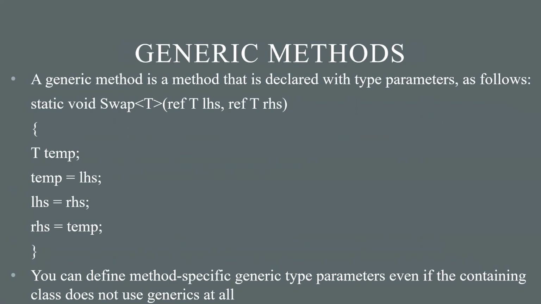And then it's doing nothing but just swapping the two values. So we can define method-specific generic type parameters even if the containing class does not use generics at all. So the class which has this generic method need not be generic, but a method inside a normal class can be generic. There's no issue in that.